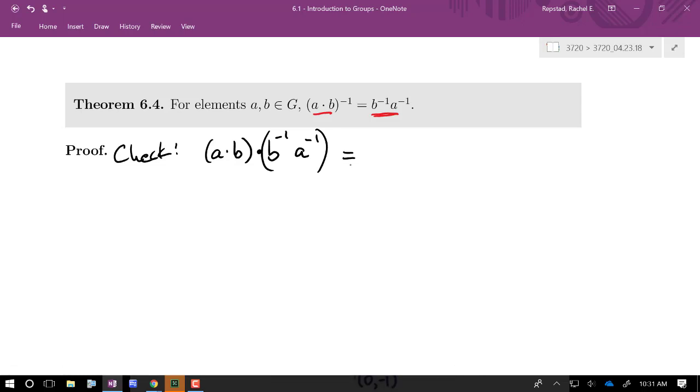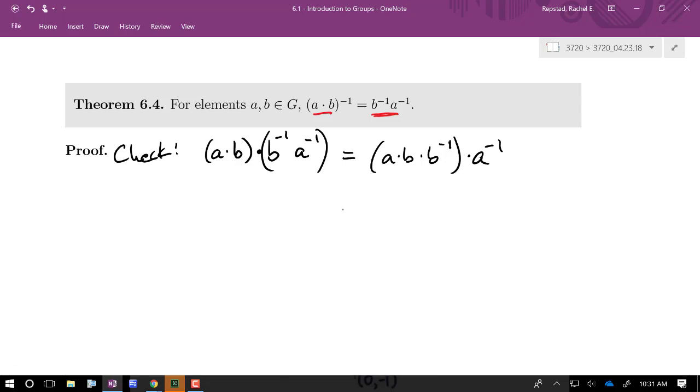I think I'll start with using the associative property and say I can kind of group these in any old way I want. So I'm going to look at this as A times B inverse times A. What's important to note here is I'm not actually changing the order. A, B, B inverse, A inverse. That order is maintained here. Shouldn't that last A be A inverse? Yes, thank you. Good catch.